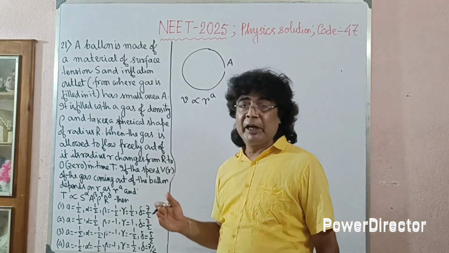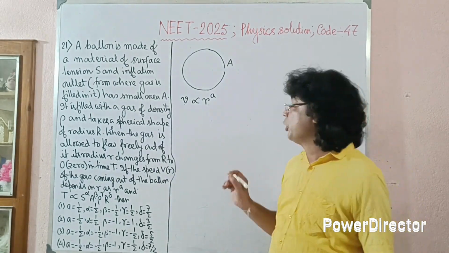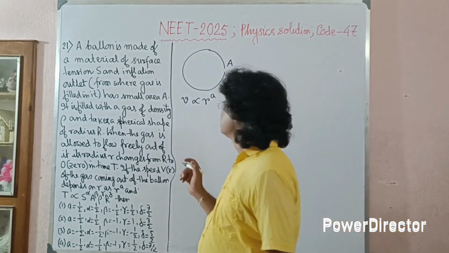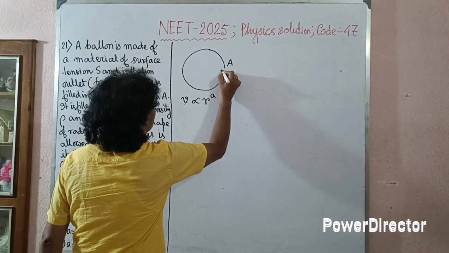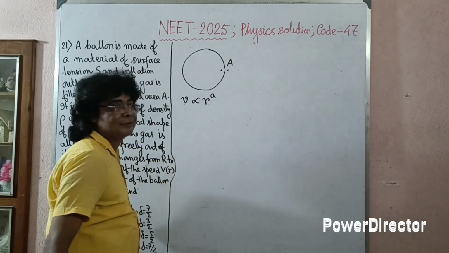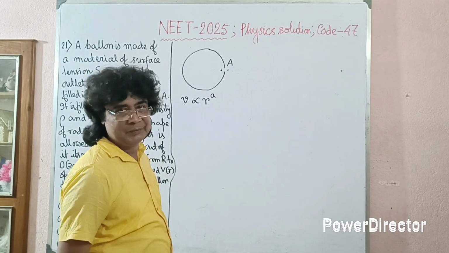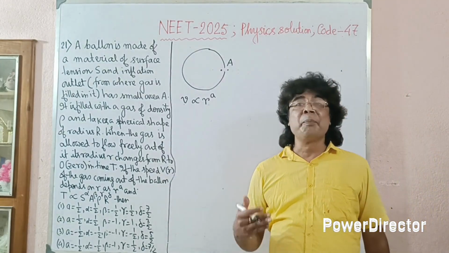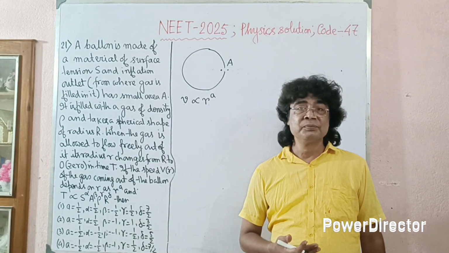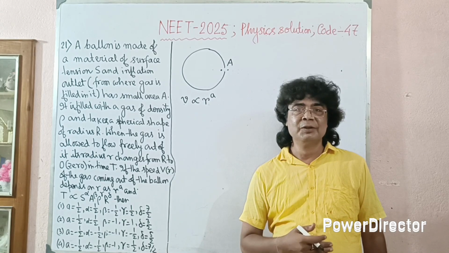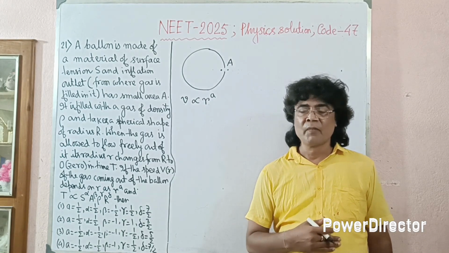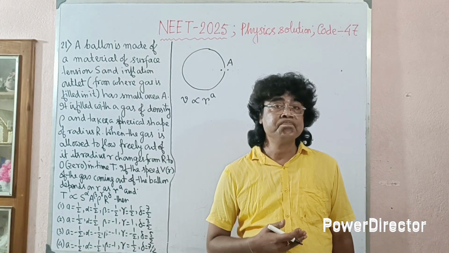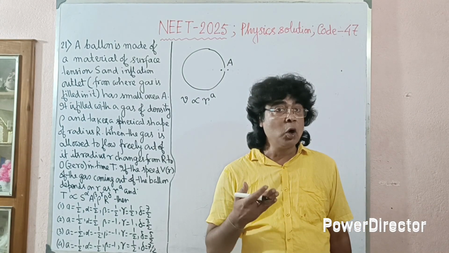To determine the velocity, we consider 2 points, one just inside the hole and another just outside the hole, and we apply here Bernoulli's theorem for horizontal flow of fluid. Now, what is the Bernoulli's theorem for horizontal flow of fluid?